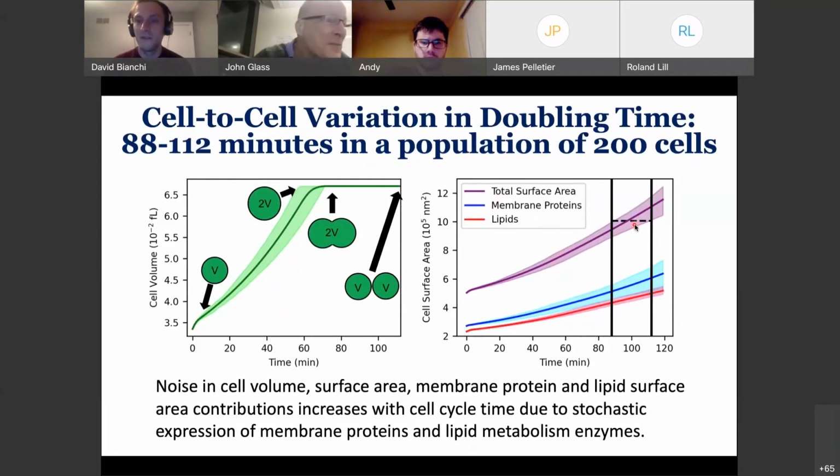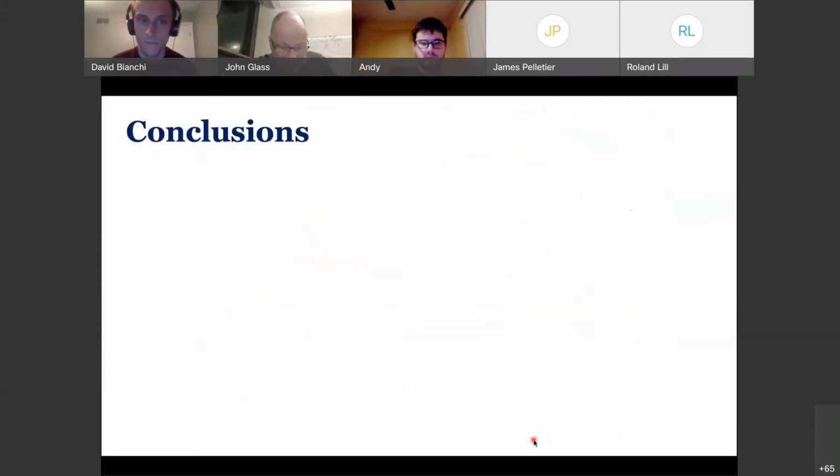We can see in the shading the interquartile range of these hundreds of cells for the doubling time, centered about 100 minutes, and then the individual contributions from membrane proteins in blue and lipids in red. The final interesting thing we can note is that the noise in all of these components from cell to cell increases with cell cycle time, as we get stochastic expression of both membrane proteins and some key lipid metabolism enzymes that are going to make our final phospholipid products, for example.